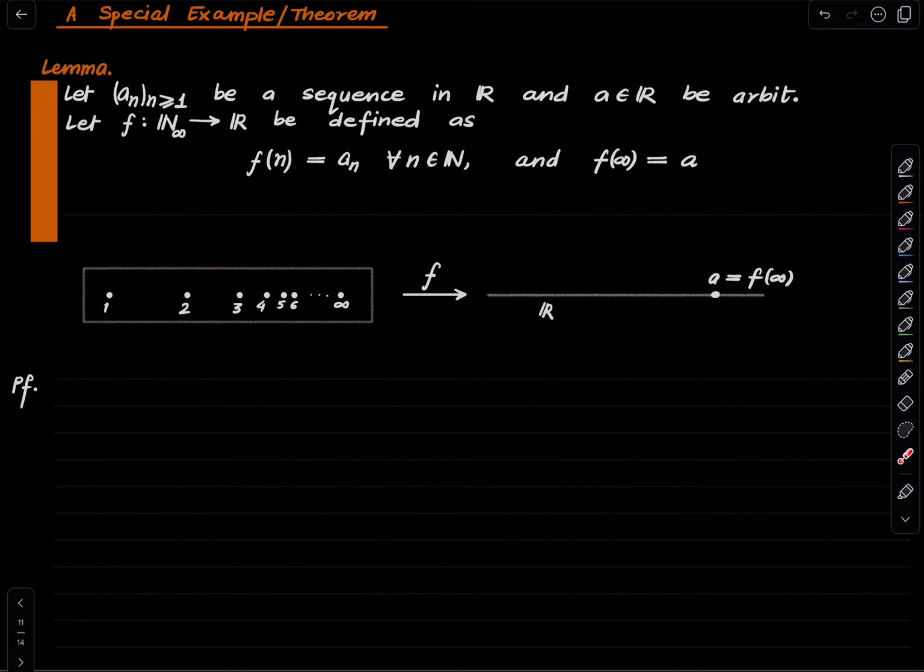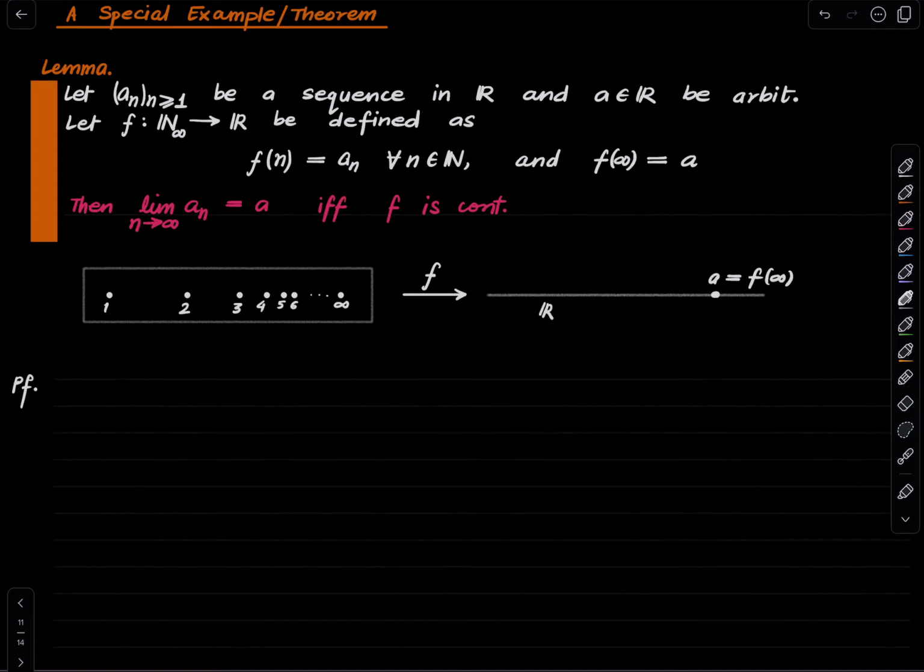So the theorem is, then the sequence converges to the point A if and only if f is continuous. Okay? And let me record one side of this lemma separately.